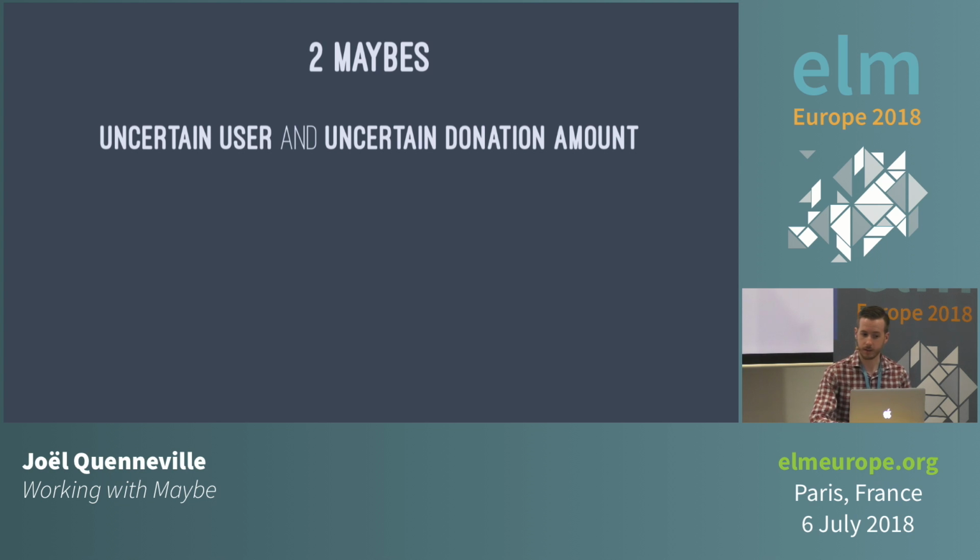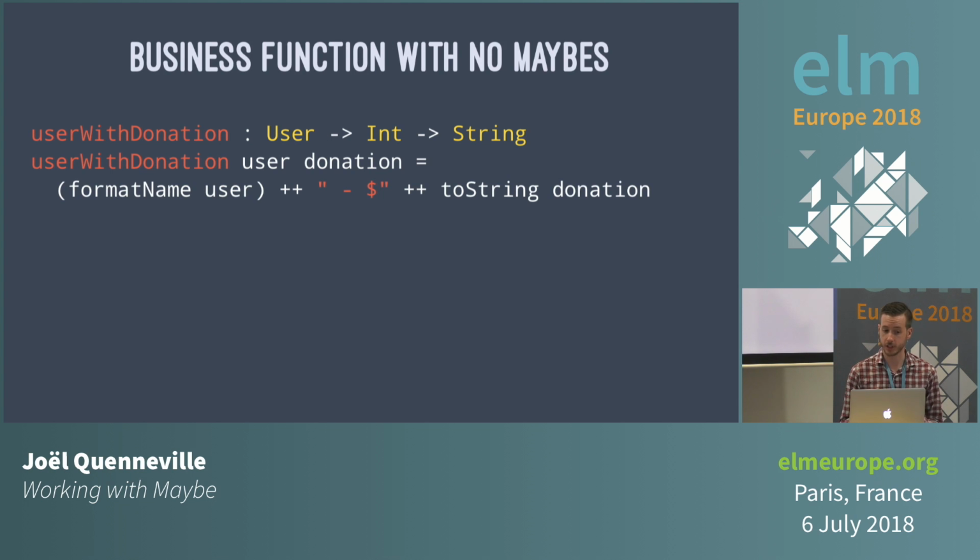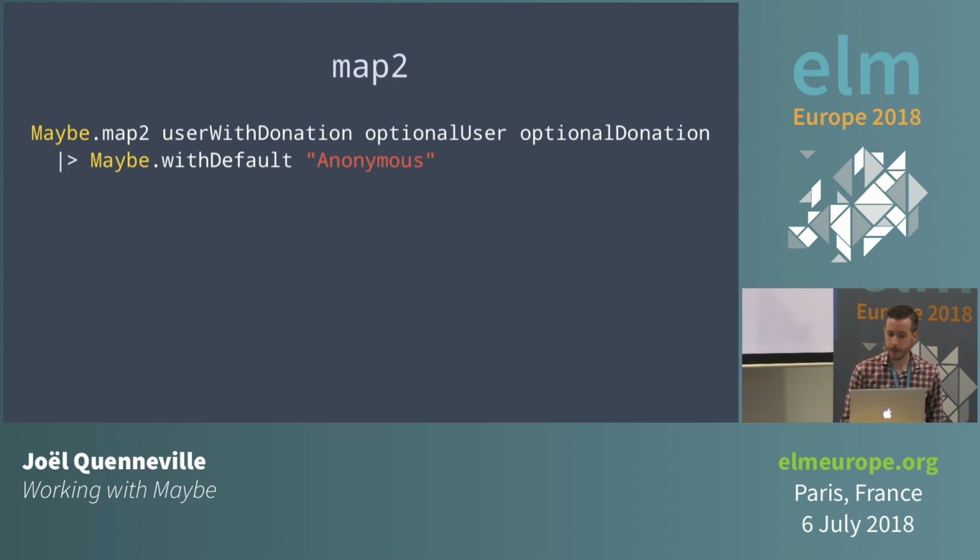Well, let's take the same process. We start with a business function that has no maybes, and we say this user with donation, and we format a bunch of things. And note, again, there are no maybes in this type signature. And then, because we're dealing with two maybes, we use the maybe map two function, which allows us to skip over two values and say, if both of them are present, run this function.